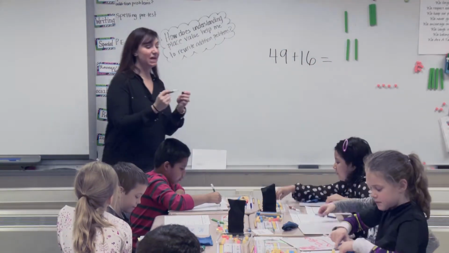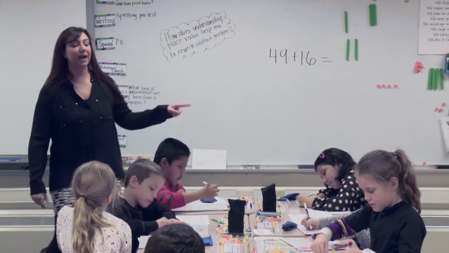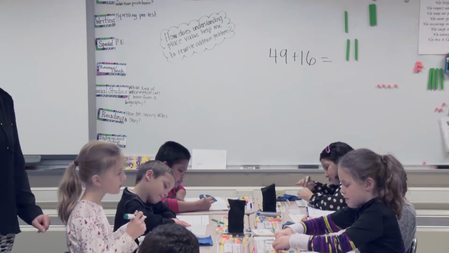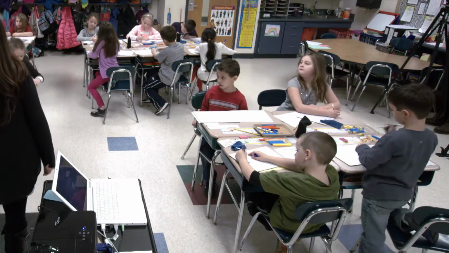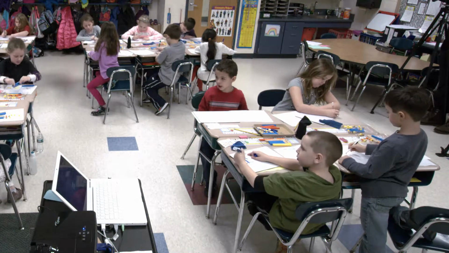So now we're going to do 49 plus 16. I want you to rewrite this problem straight up and down on your whiteboard and then solve it. You can choose to use your blocks or you can choose to use other strategies that you've learned.